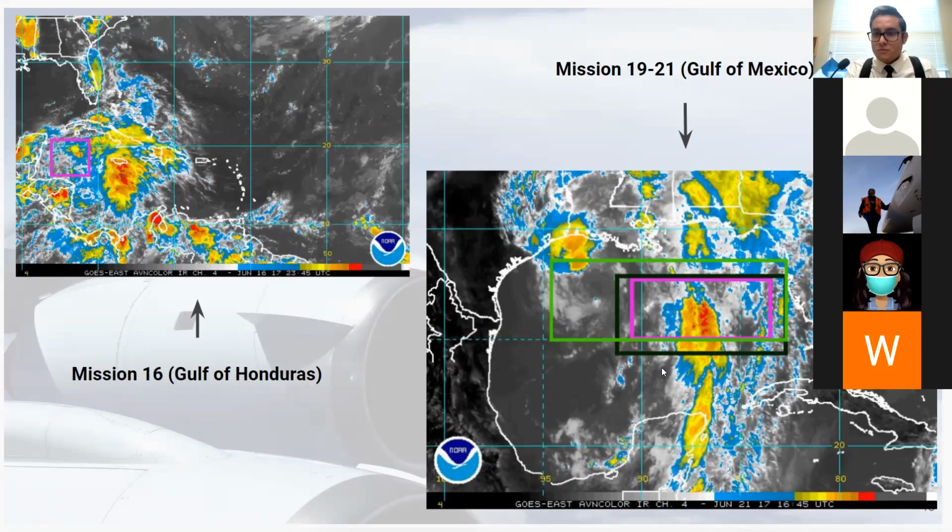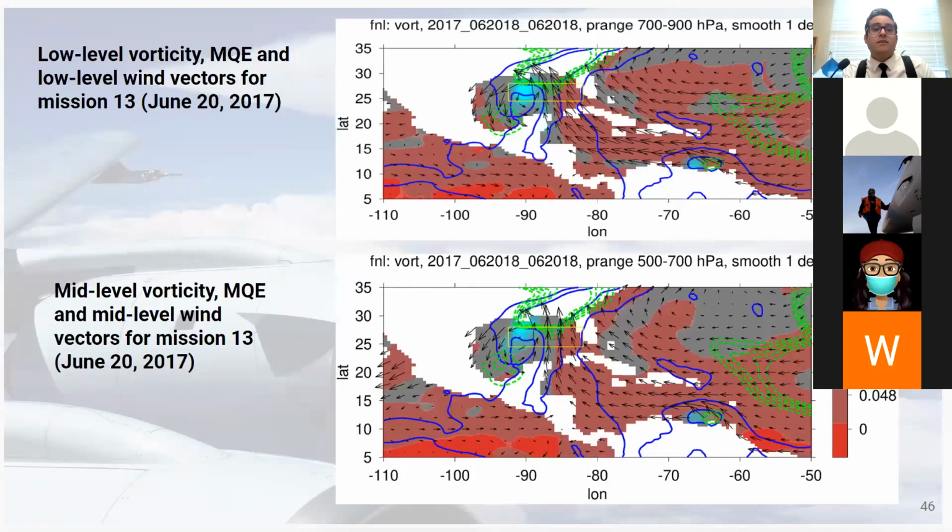The genesis and development are not as interesting for the purpose of this research as what happens when it decays, which I will focus on. So here, I start instead with the large-scale view, the FNL views. We compared the low-level vorticity, MQE, and low-level wind vectors, as we did for case study 1.